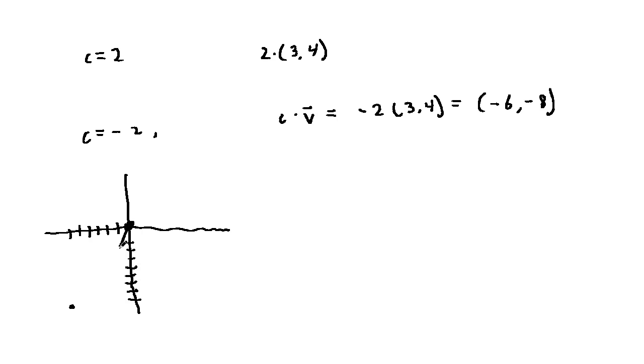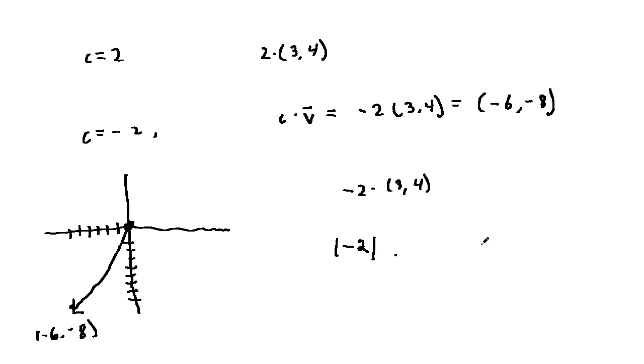So that's this vector here. The direction of c times v is the opposite of that of just v in this particular case because c is negative. And the length of -2 times 3, 4 gets scaled by a factor of the absolute value of -2.